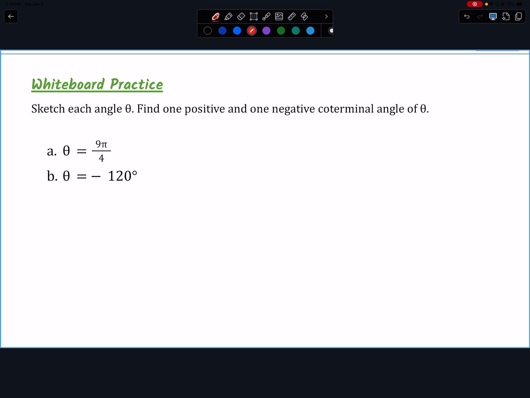So because it's bigger, subtract 2 pi to figure out where it's going to land on the unit circle. Is that right? That's right. Write it down. Okay, so 45 degrees. 45 degrees.